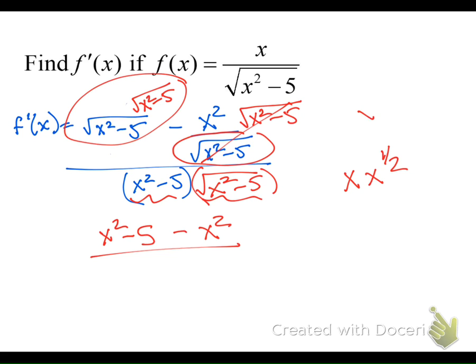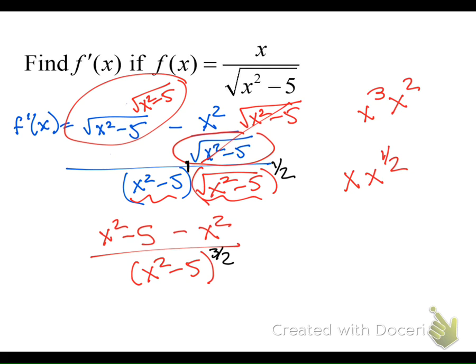It's no different than x cubed times x squared. What do you do to your exponents when you are multiplying? You add them. So this is going to be x squared minus 5 to the, you have an exponent of 1 and you have an exponent of 1/2 because the square root is 1/2. Add those up. 1 plus a half is 3/2.